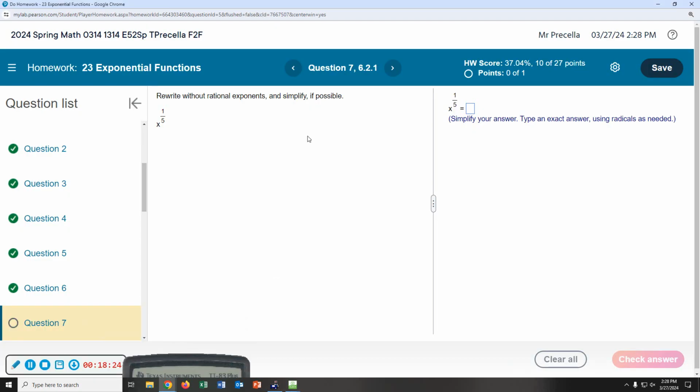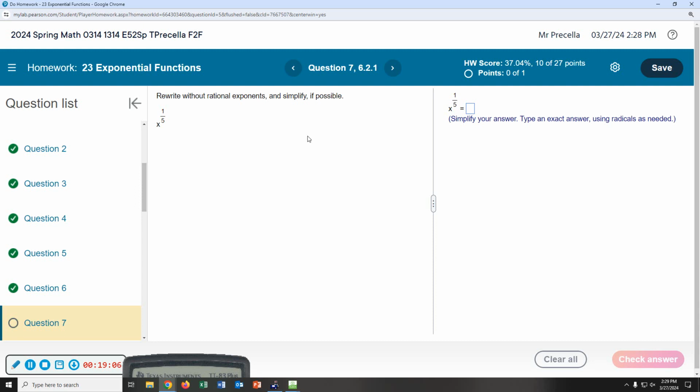Rewrite without rational exponents. So we don't want that 1/5 exponent appearing in our answer. This is number 7. Once you know those properties for fractional exponents, this goes pretty fast. Is it just 5 square root x? Well, actually, it's the 5th root. It's common to call it 5 square root, but it's really the 5th root of x.